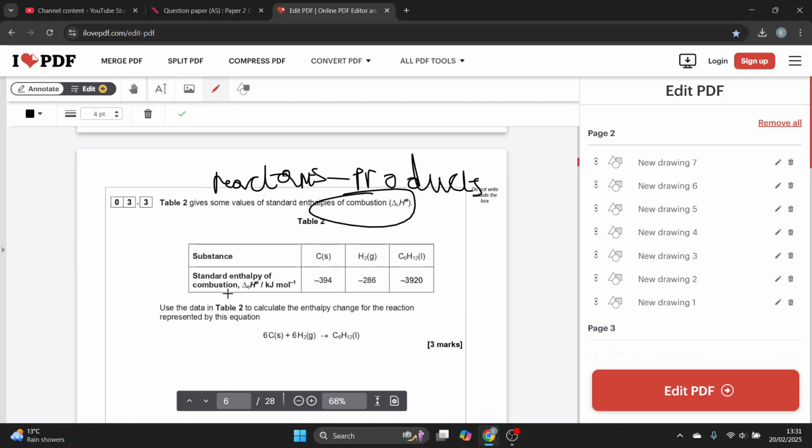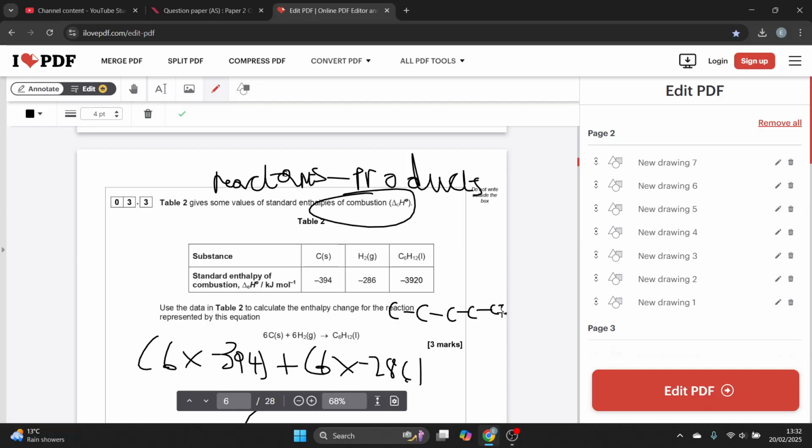So it's going to be 6 times by minus 394 plus 6 times by minus 286, minus the enthalpy of combustion of the product C6H12.